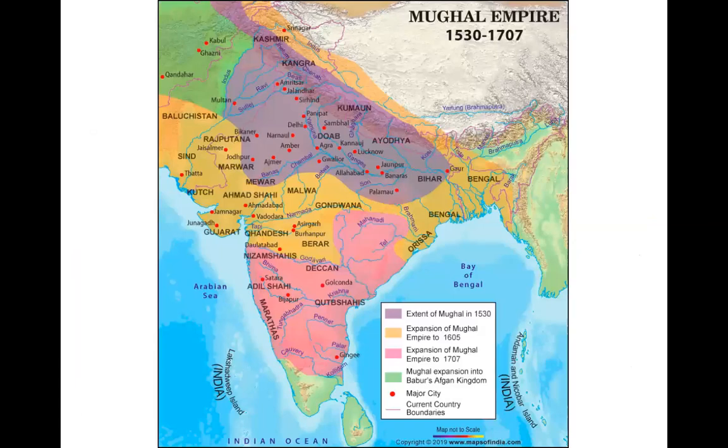Here's a map of the Mughal Empire from the first quarter of the 16th century to the very early 18th century. In the north, the sort of purplish area is the ancestral home of the Mughals early on. And then over the next 150 years, they began to penetrate south. Eventually, by the early 18th century, they controlled virtually the entire subcontinent of India. And as I mentioned, they ruled over disparate peoples.